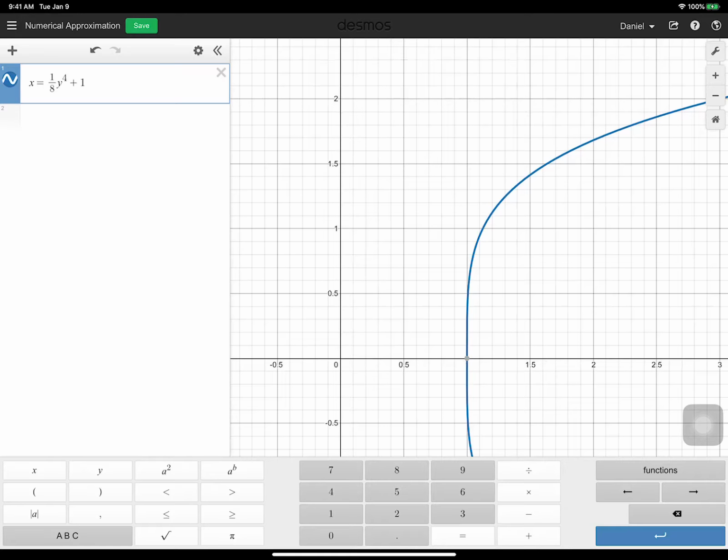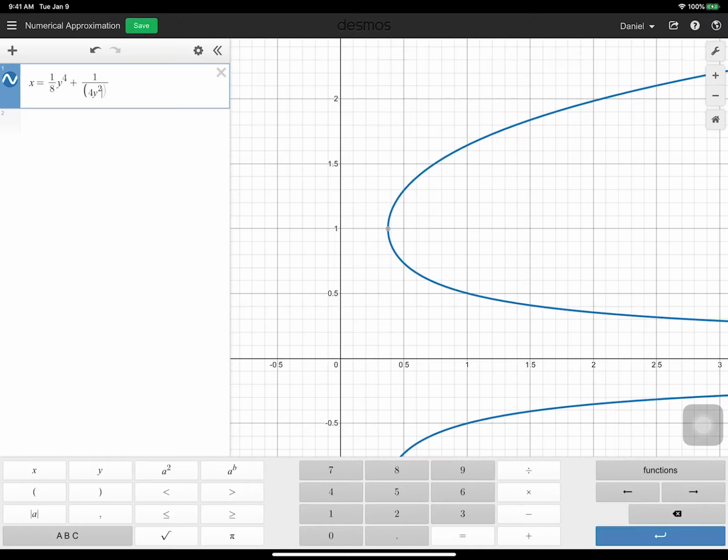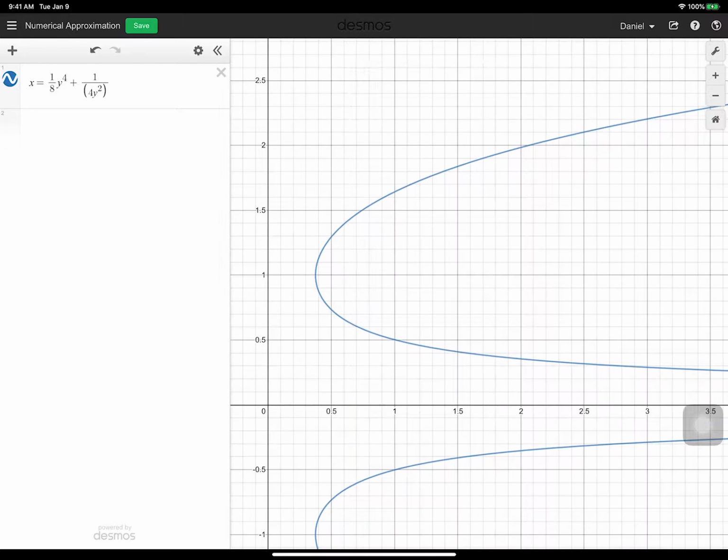So 1 divided by parentheses 4y to the 2nd power, close the parentheses. There we go. And let's check to see if this is really what we have. Okay, yeah. All right. Now, let me get closer here.